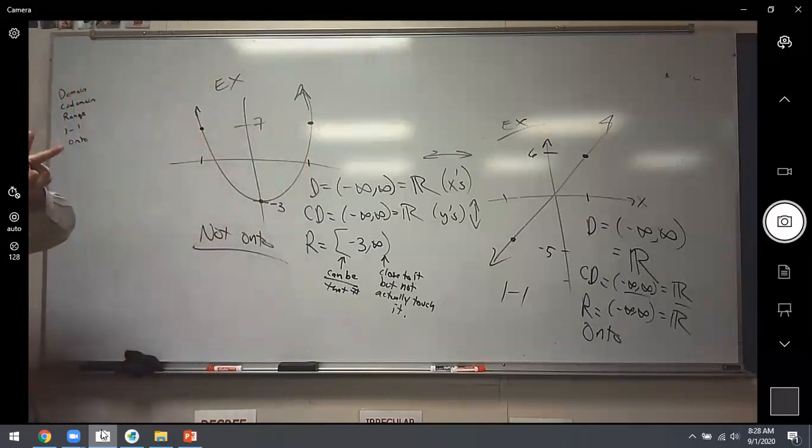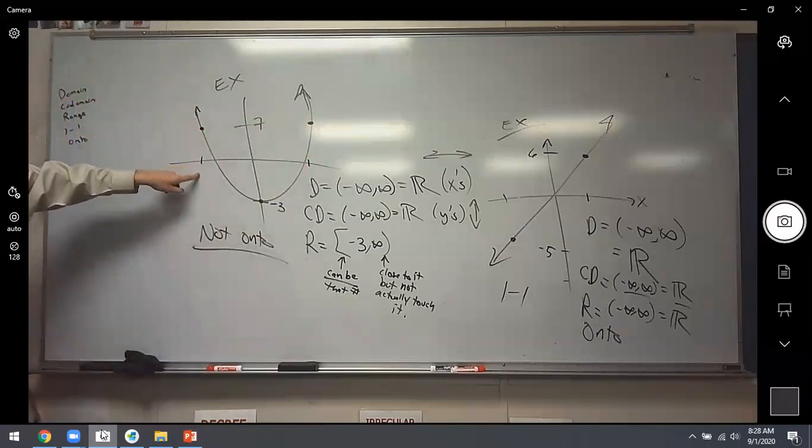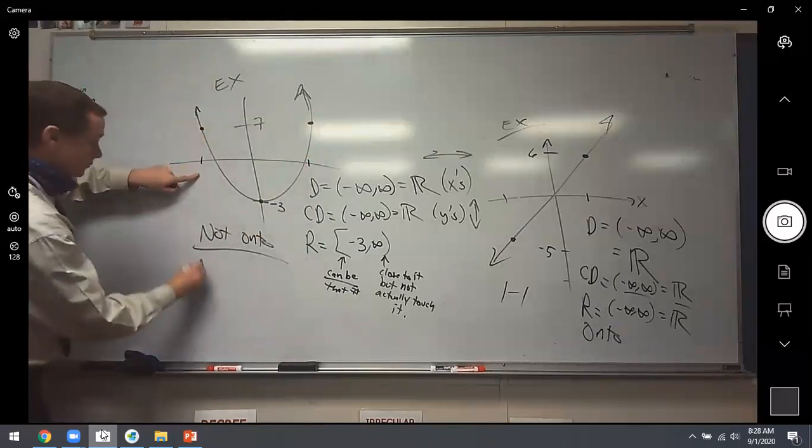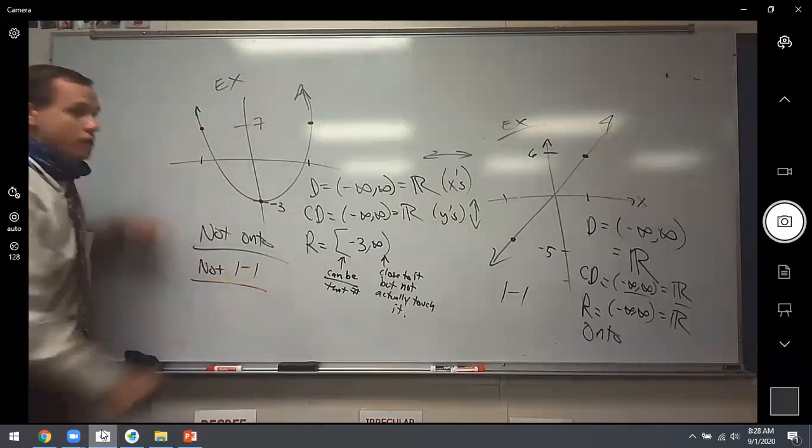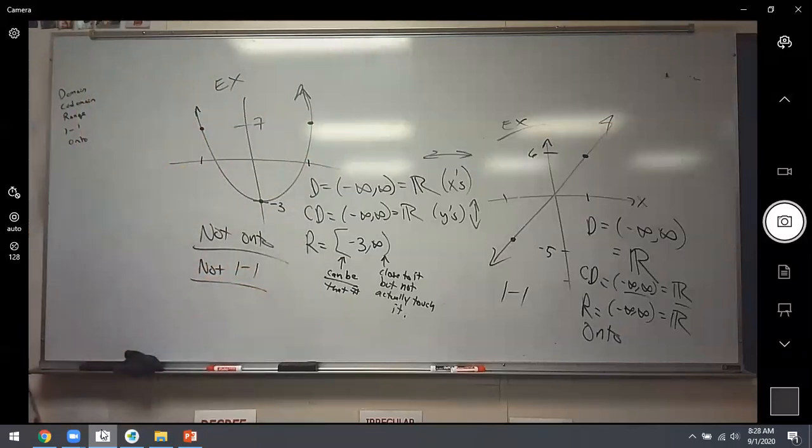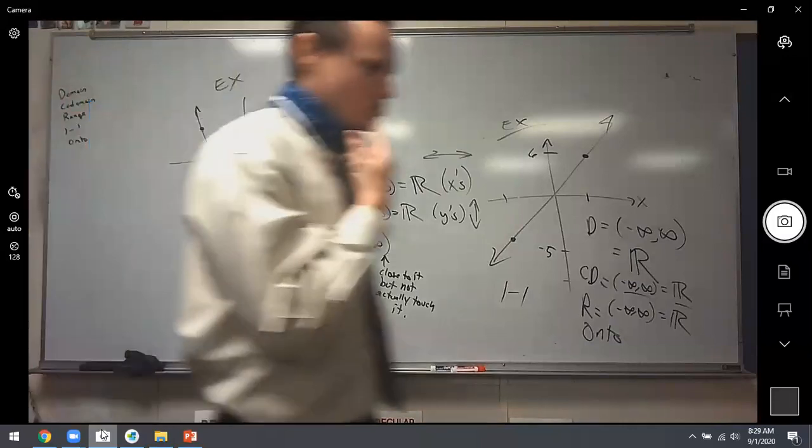Oh, 2, not 1, right? So this is not 1 to 1. That's a weird definition, isn't it? It's wordy. For everything I get out, there's only one thing I put in. I wish there was a test to check if something's 1 to 1.